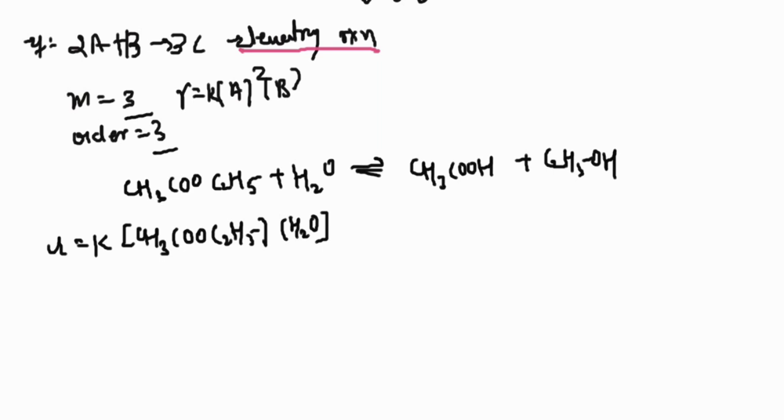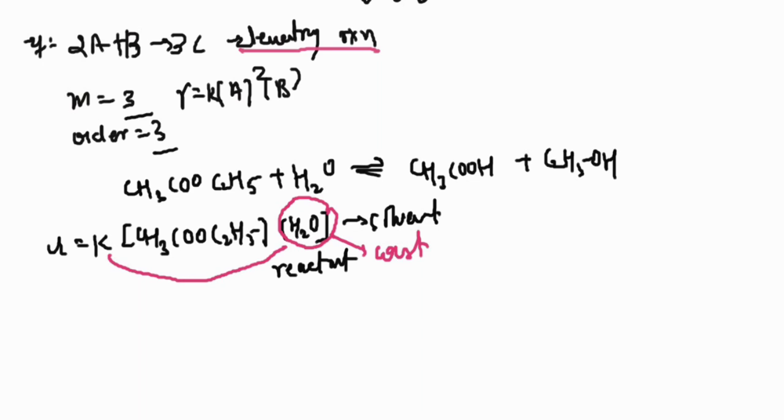Now we know that water is acting as a reactant, but it is also a solvent. So the concentration of H2O is not changing with time, it is constant. If we multiply this constant, we get a new constant. So we write it as K dash into CH3COOC2H5.